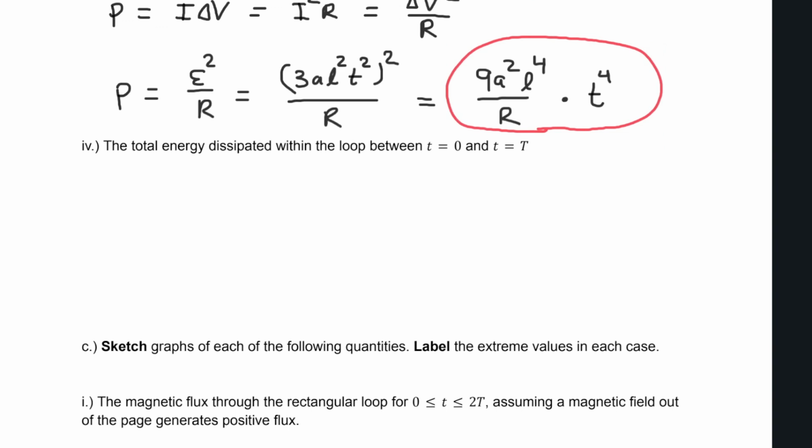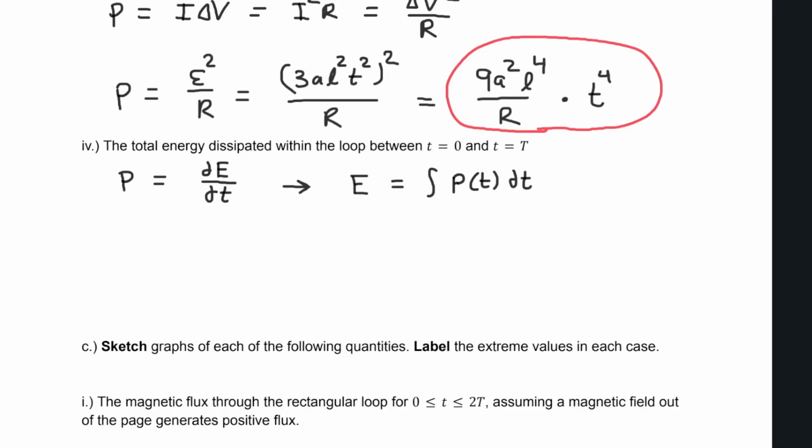All right. So now total energy dissipated. And the fact that it's between two times gives us an indication that there's an integral involved. And we know that because power is the rate at which energy is dissipated. So to find all of the energy dissipated, we can just add up all of the contributions from each tiny time.